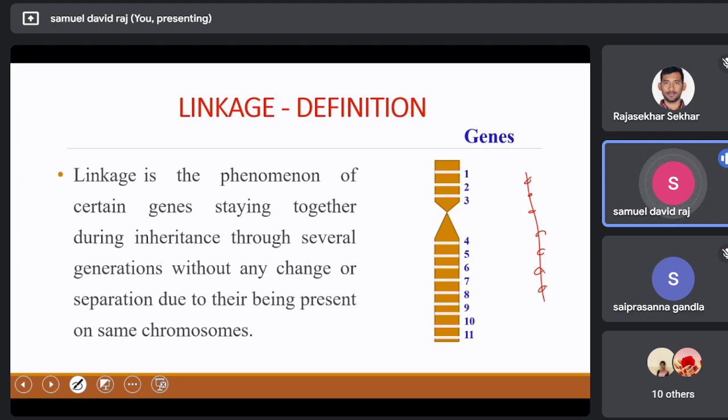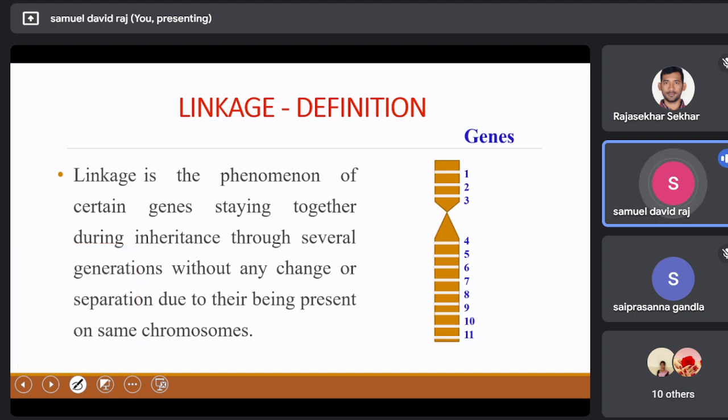Likewise, when the chromosome has certain genes, along with the chromosome, all the genes in the same order, in the same combination, are transmitted to one individual, from there into his germinal cells, from there into the zygote after fertilization, and from there into the next generation. And all these are called linked genes, and this phenomenon is called linkage.